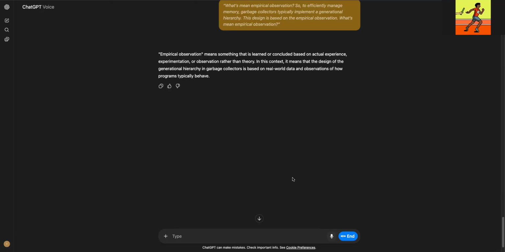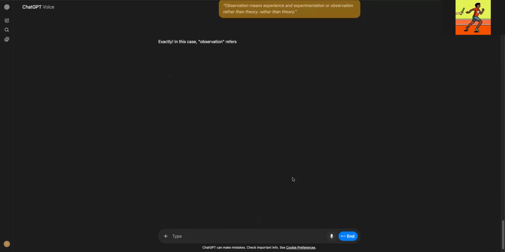Empirical observation means experience and experimentation or observation rather than theory. Exactly. In this case, observation refers to what has been seen or measured in practice rather than what has been predicted by theory. So, empirical observation is all about conclusions drawn from real-world experience and data.